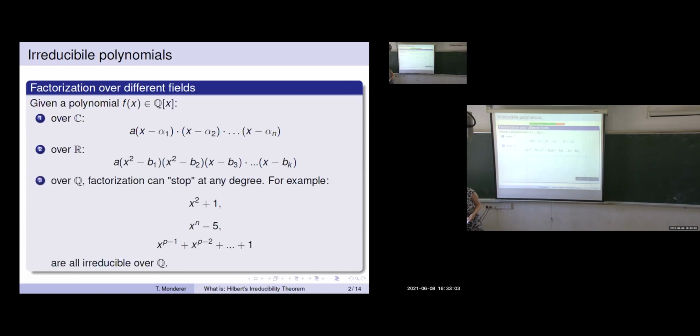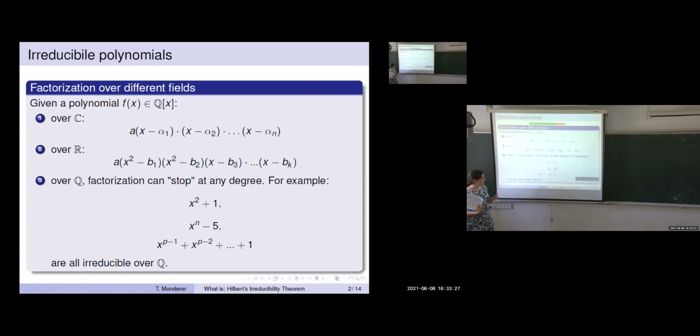And the thing is that once we only allow rational coefficients, our factorization of the polynomial can stop at any degree. So we can get polynomials of any degree which we can't factorize even further over the rational numbers. The following are well-known examples. x squared plus 1 can't be factored any further.